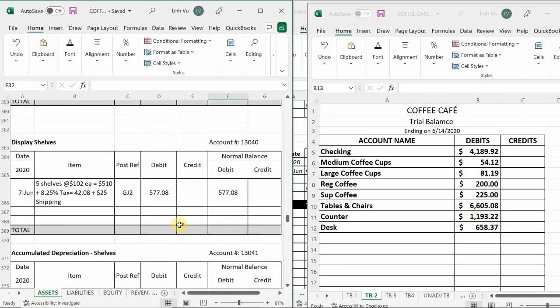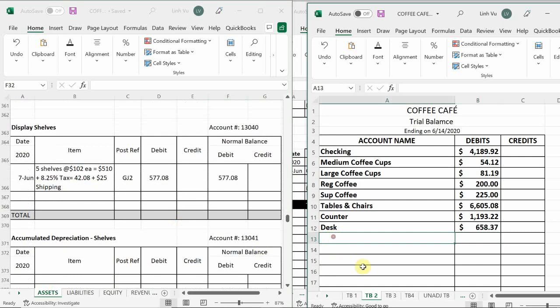And what about my display shelves? It's at $577.08.